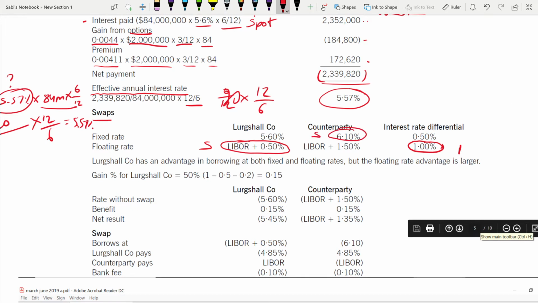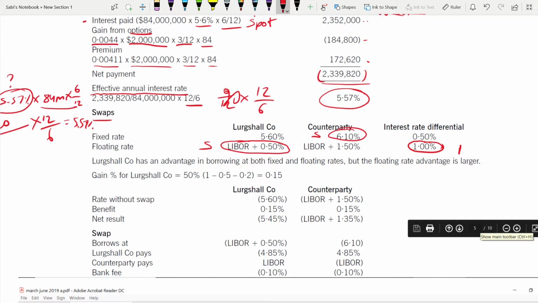Okay, decided. So now write it. Write in sentence. Have this habit of writing in sentence whatever calculations you do. Don't leave it in calculations. Lakshya has an advantage in borrowings at both fixed and floating rate, but the floating rate advantage is larger. We'll work on the gain part later.